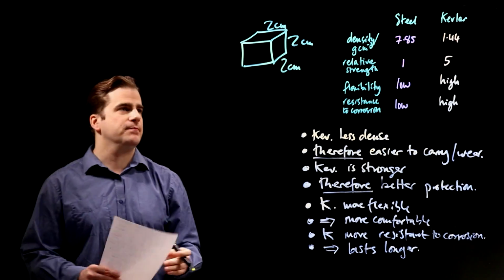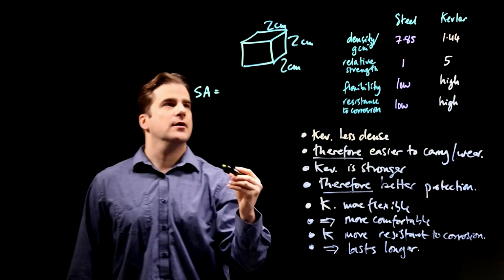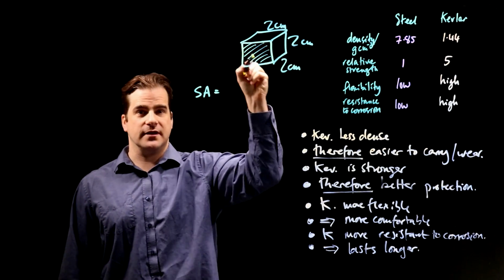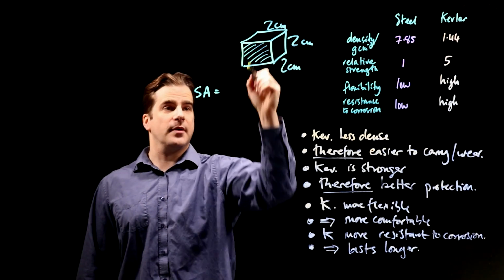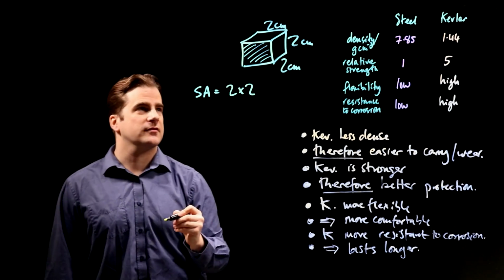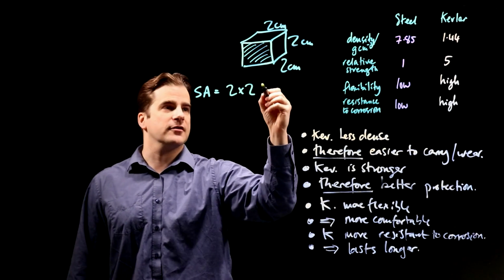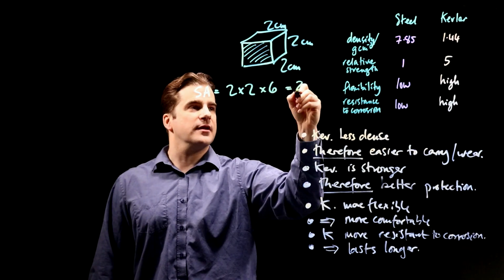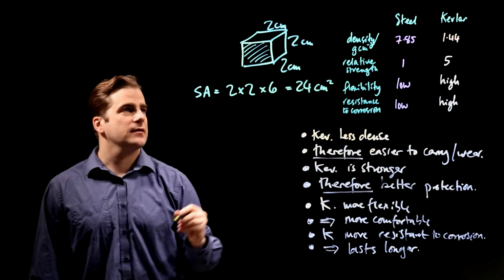All right, no problem. Right, what's the surface area? Well, each of the 6 sides of this cube is 2 by 2. So it's 2 by 2 centimeters, that's one of the faces, but there's 6 of them for a cube. So total surface area is that, which is 24 cm squared. Okay.